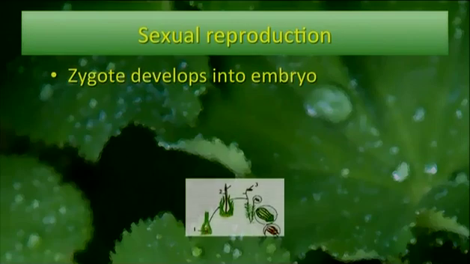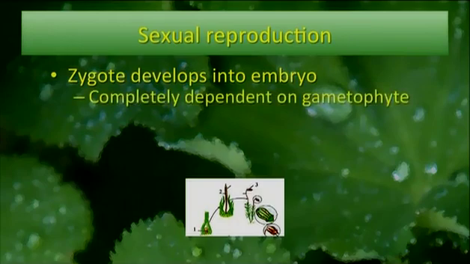After fertilization, the zygote develops into an embryo, and this embryo is diploid. It will be completely dependent on the gametophyte. The embryo doesn't make its own food, and the sporophyte becomes completely dependent on the gametophyte.